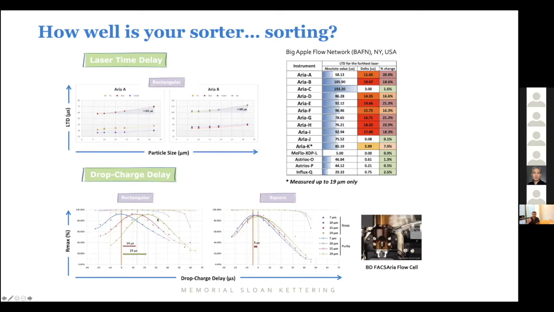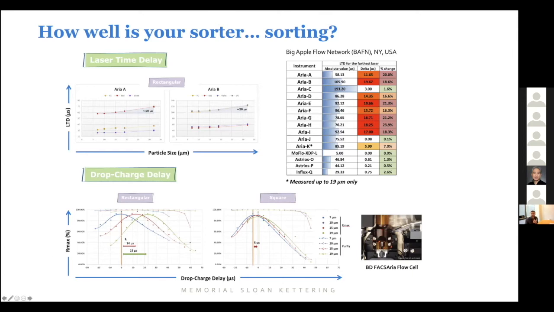So we were losing all or most of the cells that we wanted to sort. In fact, if you look at this, we're at about 50% recovery here. So completely off. And we're talking about 19 to 20 micron beads, which is not a big size for a cancer cell. So we were pretty worried about that.